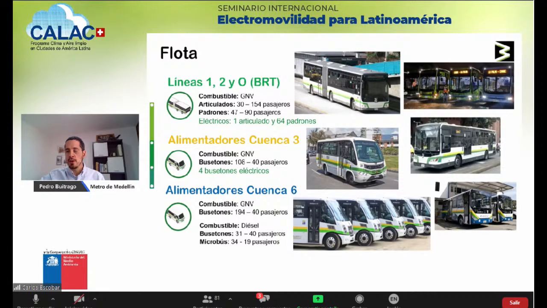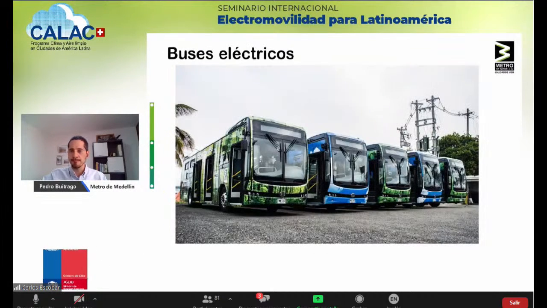So on this system of feeder buses, they do not have exclusive roads, they do not have roads with good technical requirements and capacity, so it's quite challenging because they need to prove on the slopes how buses behave, the maneuverability, the turning radius, the autonomy and the performance under these tricky and difficult conditions that we might have in some areas or neighborhoods of Medellin because we have several steep and high slopes.